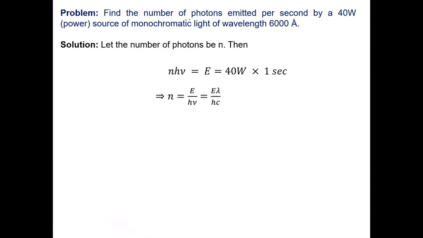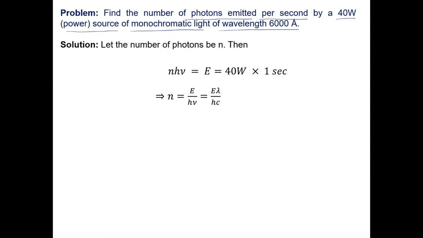So make a note, photons emitted per second by a 40 watt power source of monochromatic light of wavelength 6000 angstroms. So monochromatic light means you have a source which emits light having a fixed wavelength, and in this case the wavelength is given as 6000 angstroms.